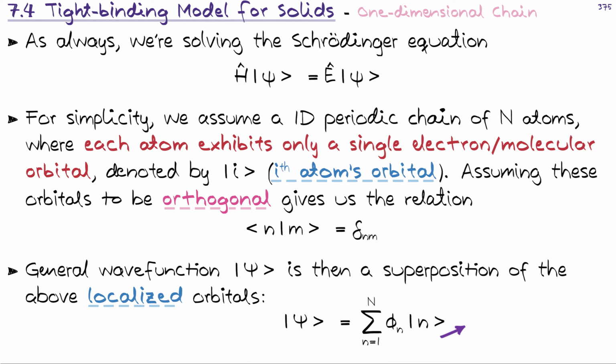Or maybe I should clarify here, we are still interested in a single electron's behavior. So we are assuming a single electron approximation. Here we are only treating a single electron, but it does exist in a system of n atoms.